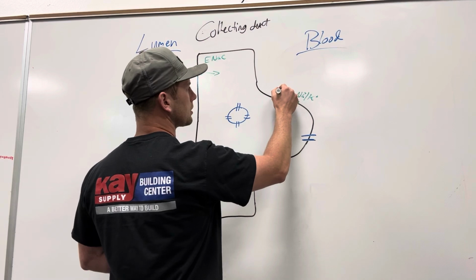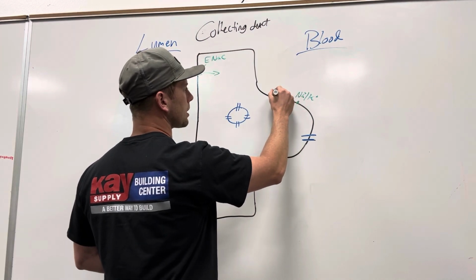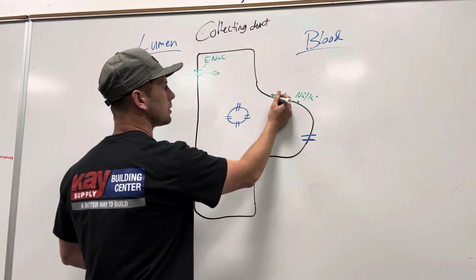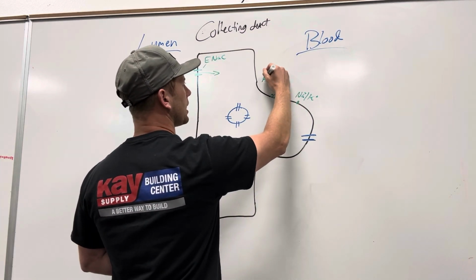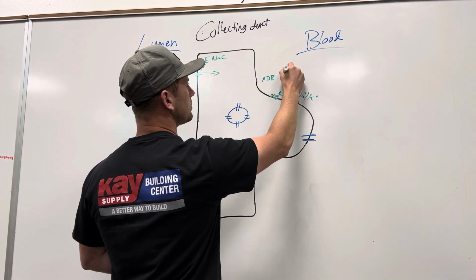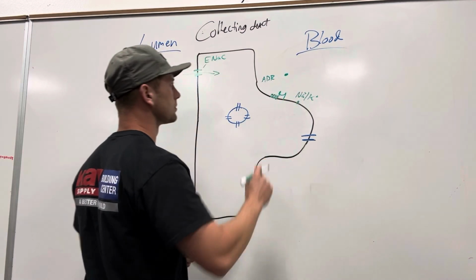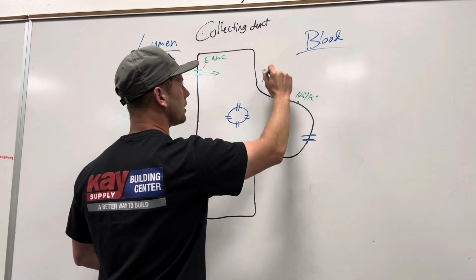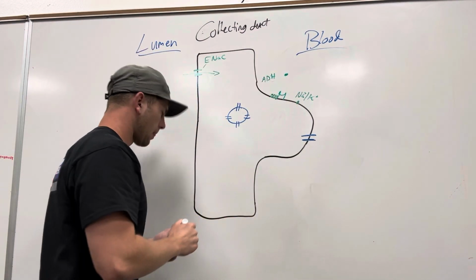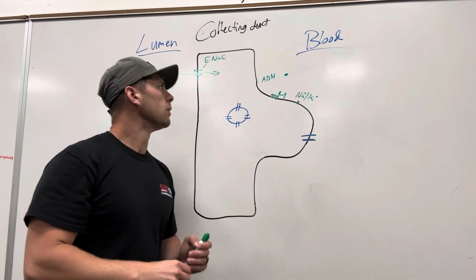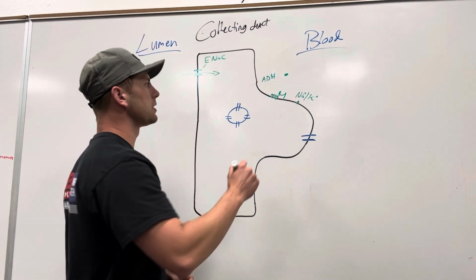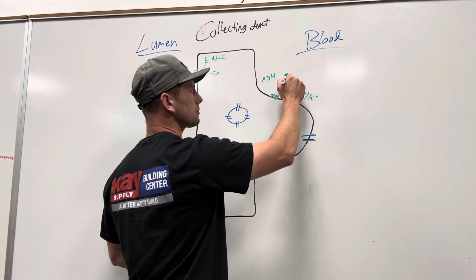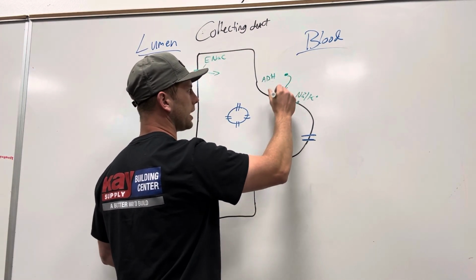So we have this G-protein coupled receptor. It's actually an ADH receptor that we have on here. So when we need to get a lot of blood out, we send out ADH. ADH will bind.